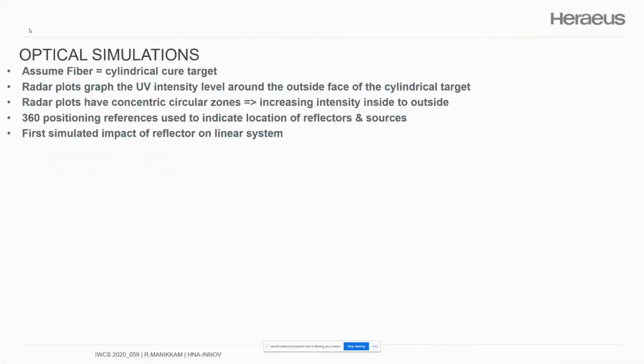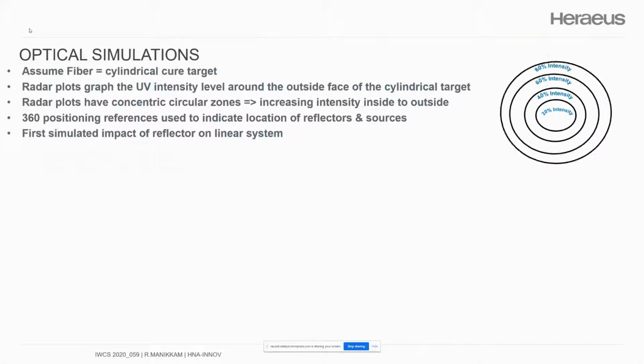Now, quick background on how the radar graphs that I'm about to show you work is they have several circular concentric zones, okay? And moving from the inside to the outside portions of the radar graph, it indicates increasing levels of intensity. So if you have data points on our radar plot that occur towards the inner zones, that indicates a lower level of intensity.